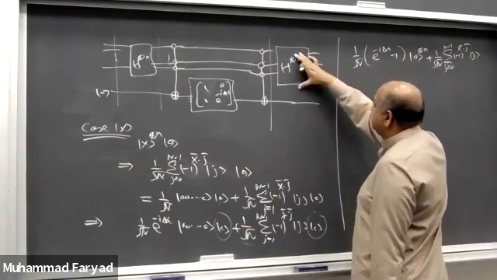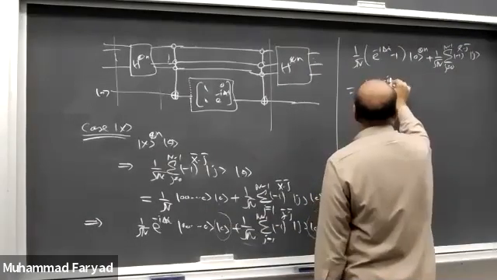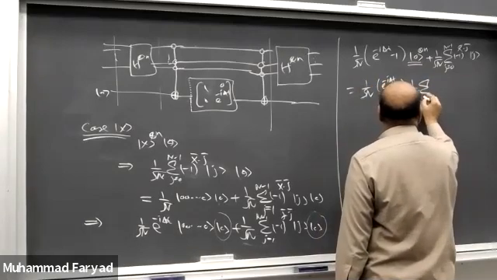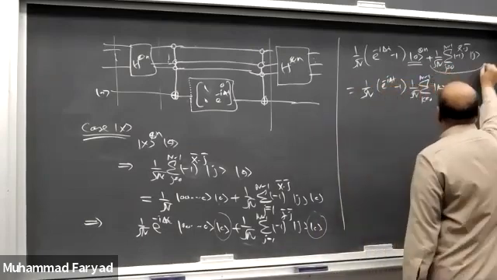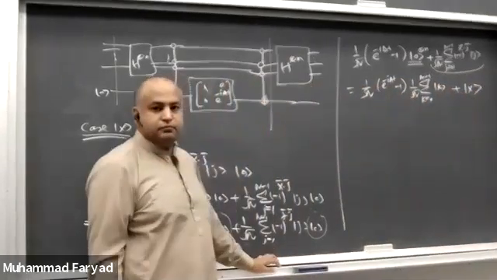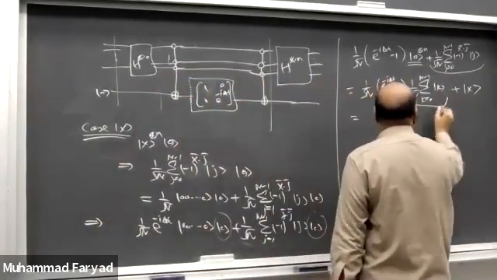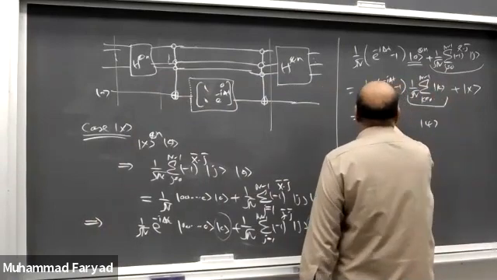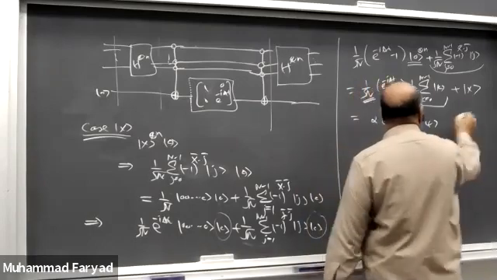Now we apply the Hadamard to this. When the Hadamard is applied, I will have 1 over square root n, exponential minus i delta t minus 1, times the Hadamard of the zero state, which is 1 over square root n sum over k going from 0 to n minus 1 of |k>, and the Hadamard of the other part will give just |x>, right? And see, this is what we need. Because this is the state psi again. Psi was the equal superposition of everything, and this is alpha, and this is x.